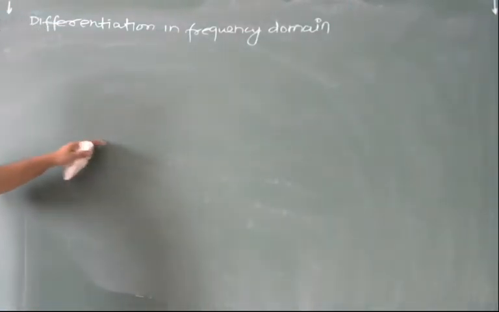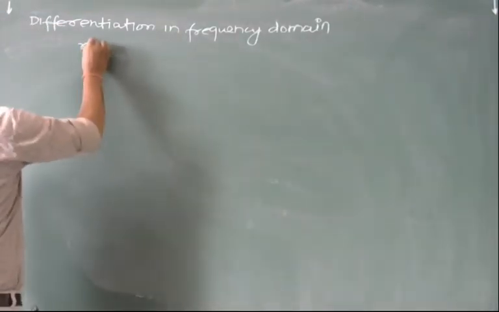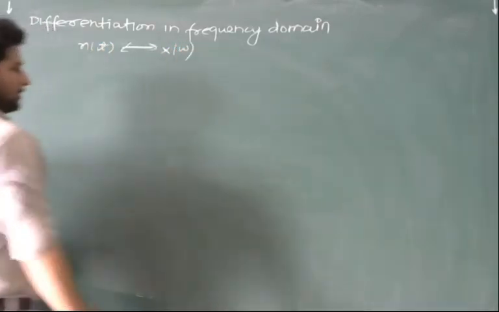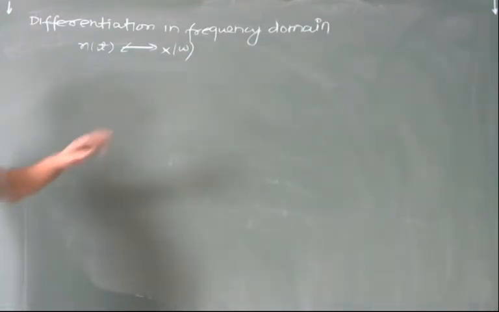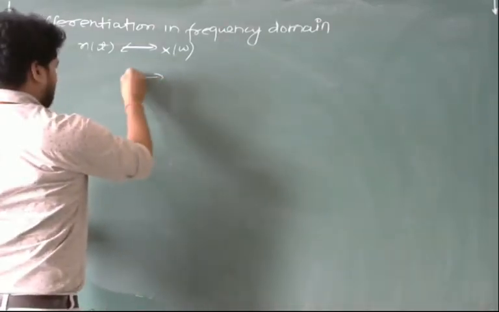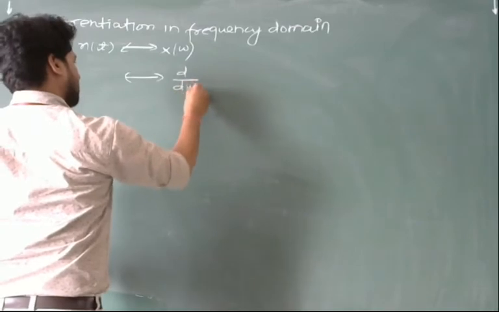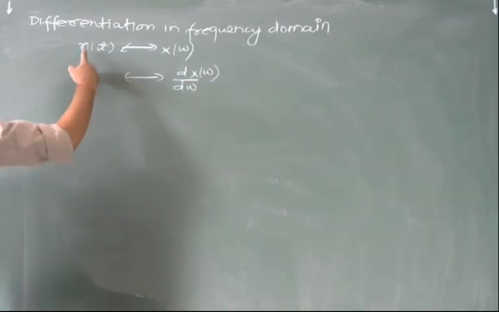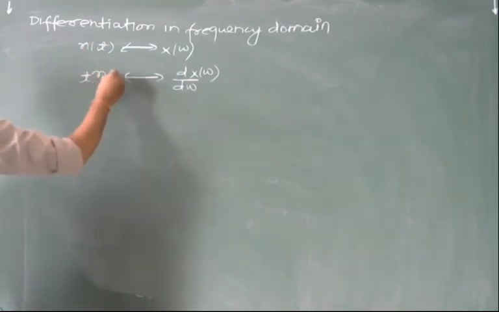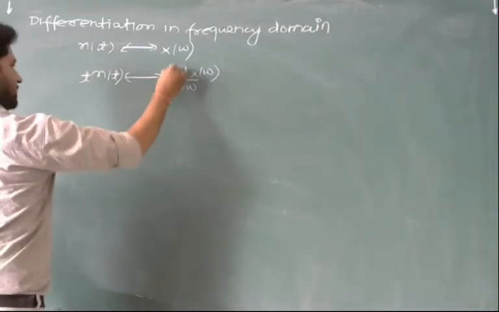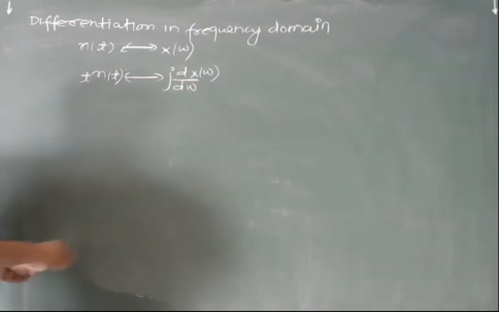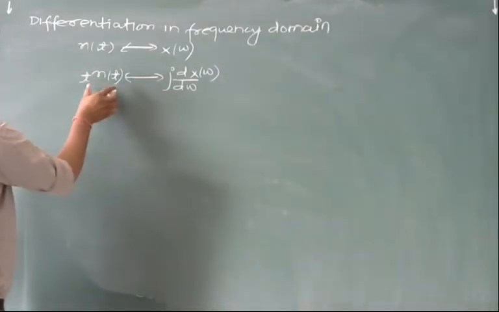This property states that if the Fourier transform of the signal x(t) is capital X(omega), then if we differentiate in the frequency domain, d by d omega of X(omega), the signal in the time domain will be multiplied with the variable t and a term j, or we can write it as minus j t times x(t).